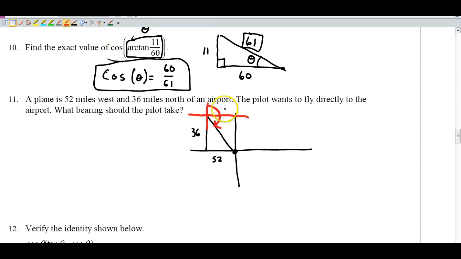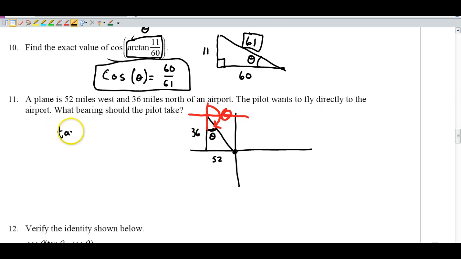Okay, so that's the theta that I'm looking for, and to figure that out, what I need is really this angle here. If I find this angle, let me draw that in black. If I find this angle here, I can find the rest of it. So that angle there I'll call theta, and I'm going to use the tangent function.